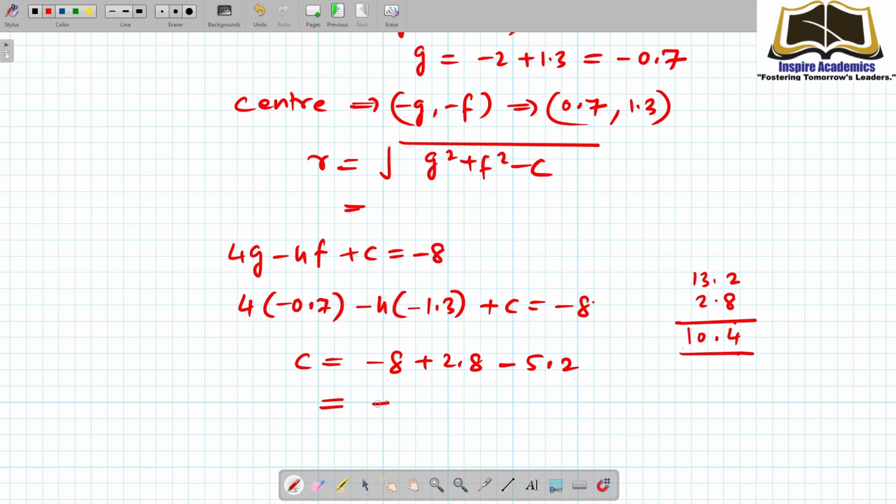So we get negative 10.4. So that's the value of c.